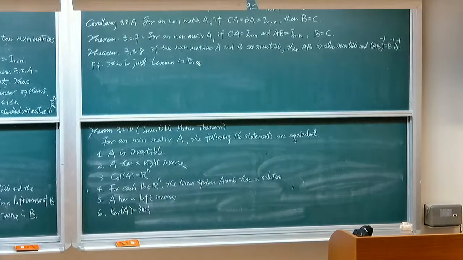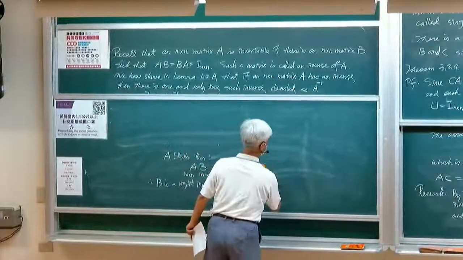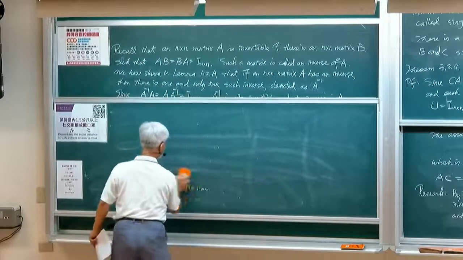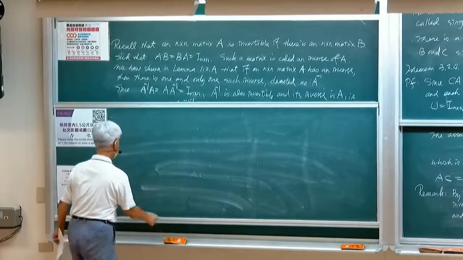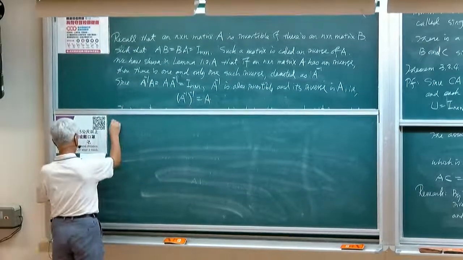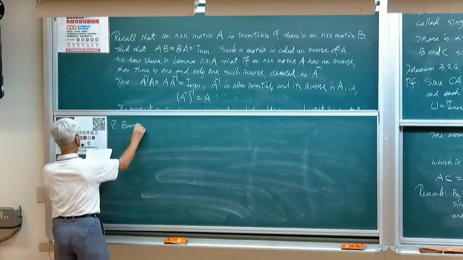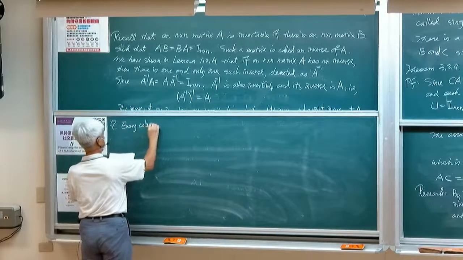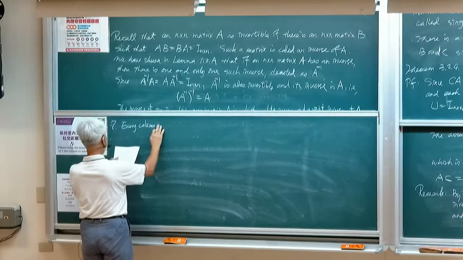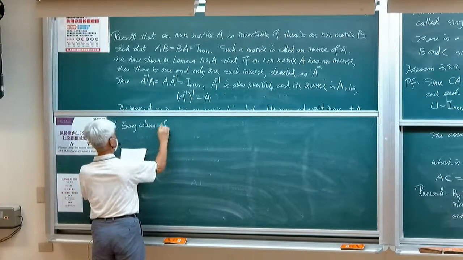And if the kernel of A is trivial, then to solve the homogeneous linear system, every column of A has a pivot position.